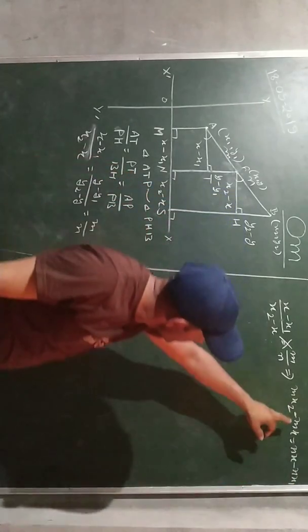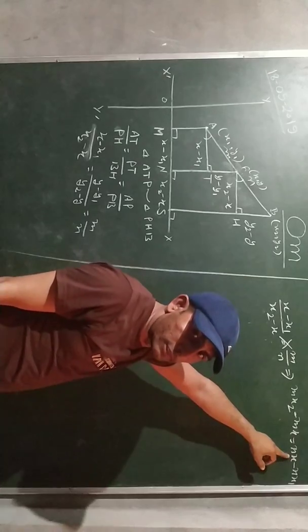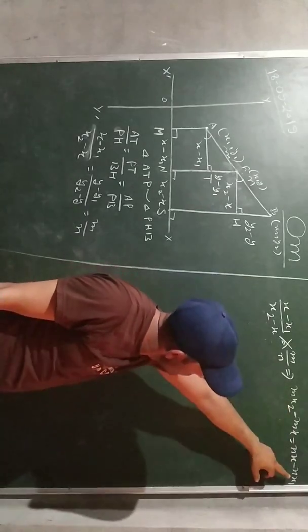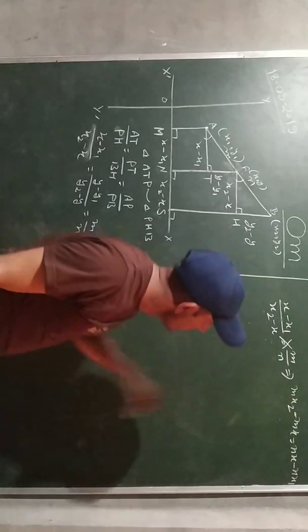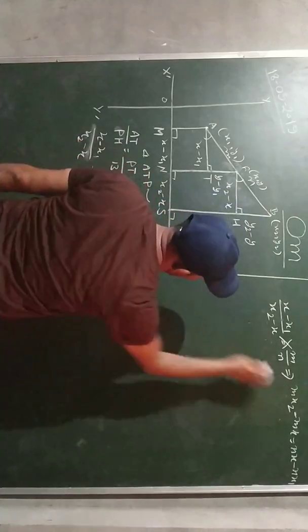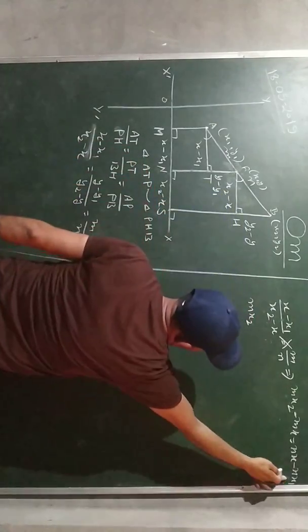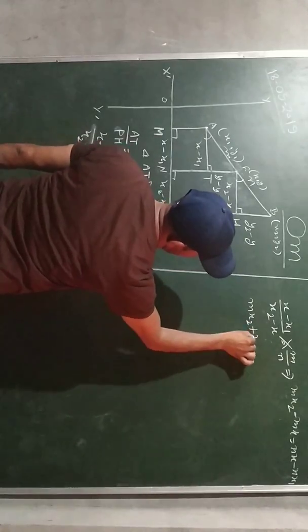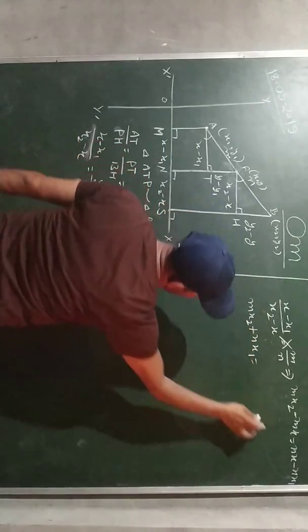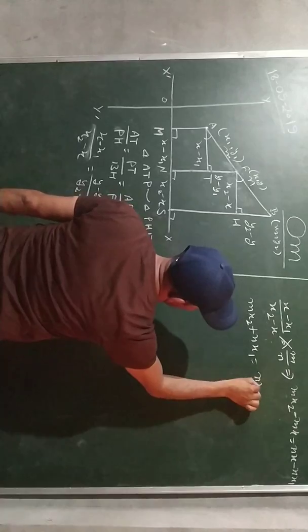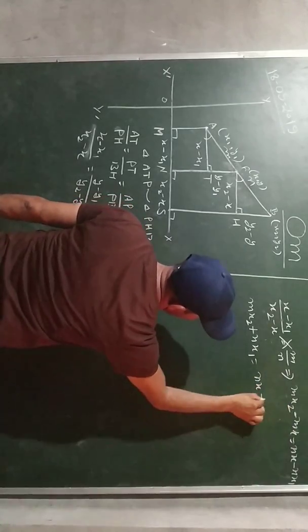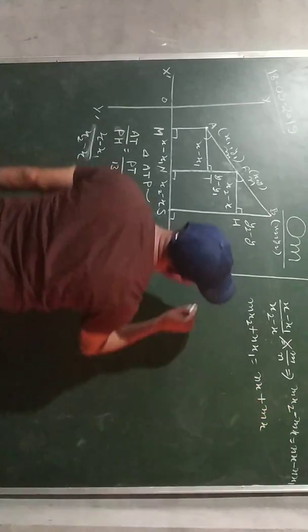Let me take the terms of x on one side and x2 and x1 on the other side. m x2 plus n x1 is equal to n x plus m x.